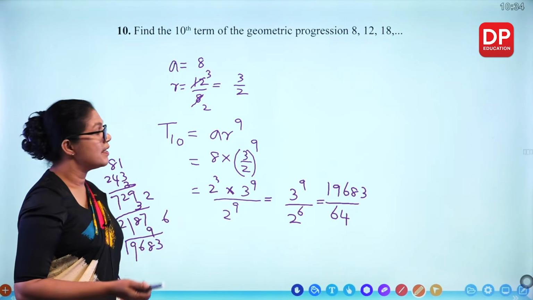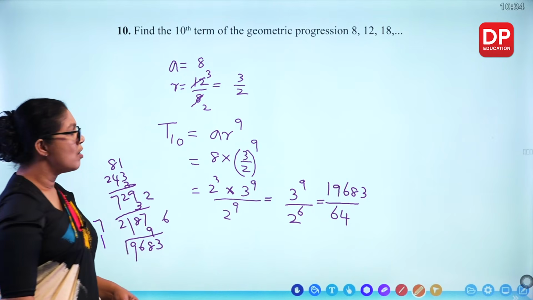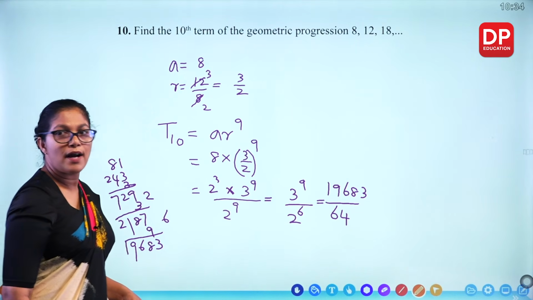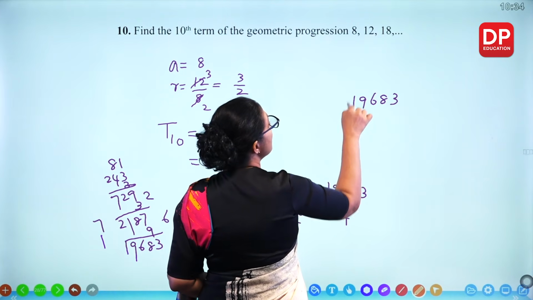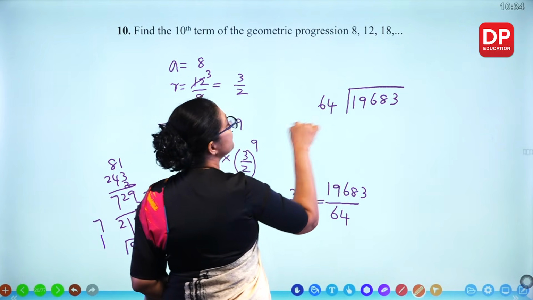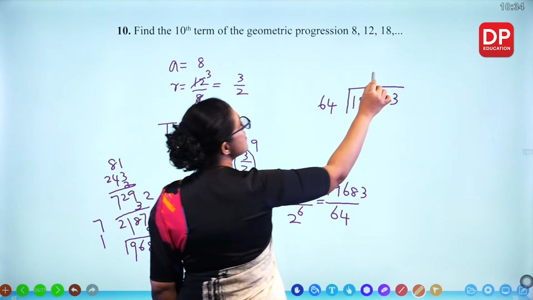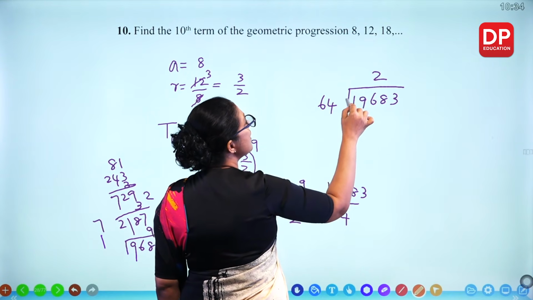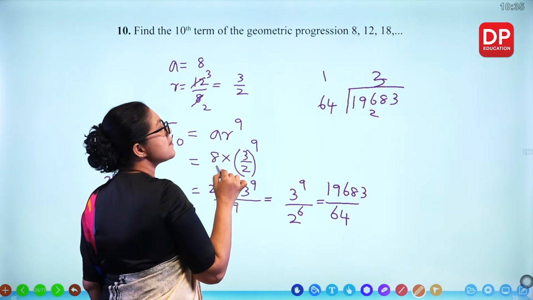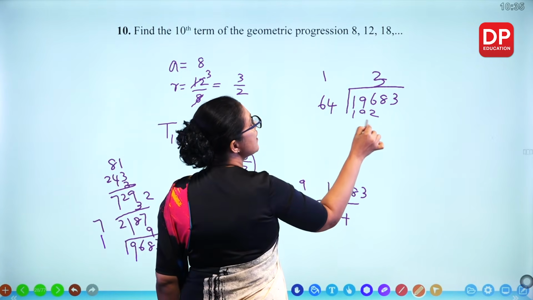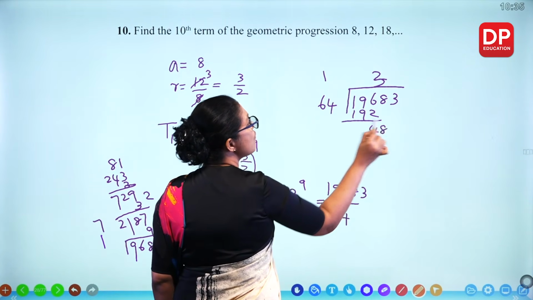If you want the decimal answer, you can do long division and find out the answer. 19,683 divided by 64. This is 2 or 3? 3. 3 times 4, 12. 1 remaining. 3 times 6, 18 plus 1, 19. You get 4 remaining for 48.